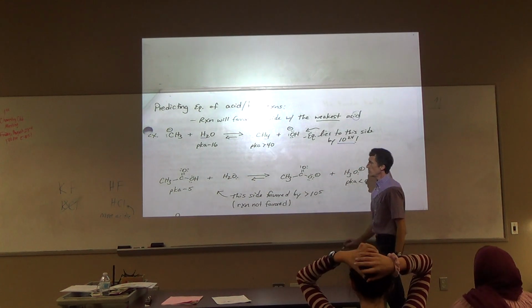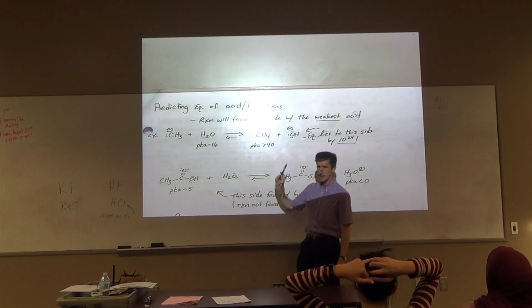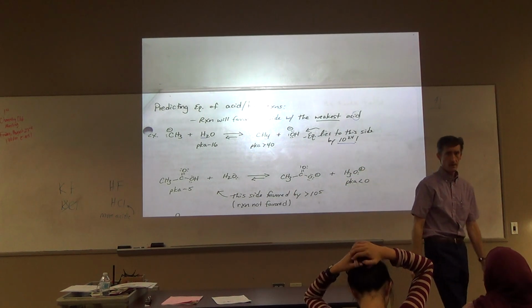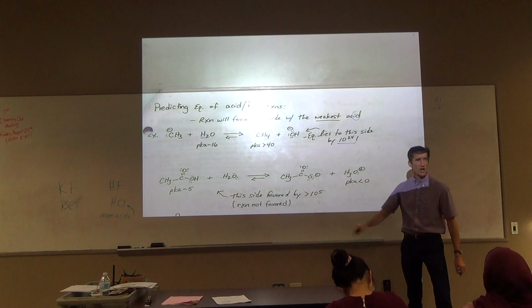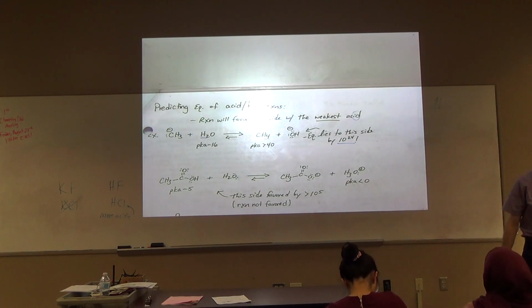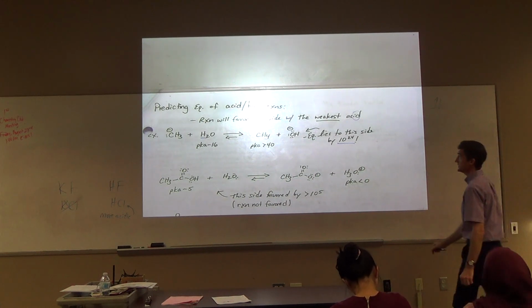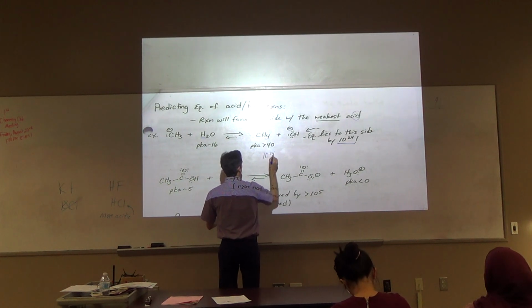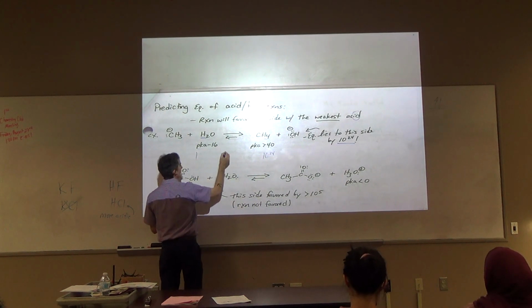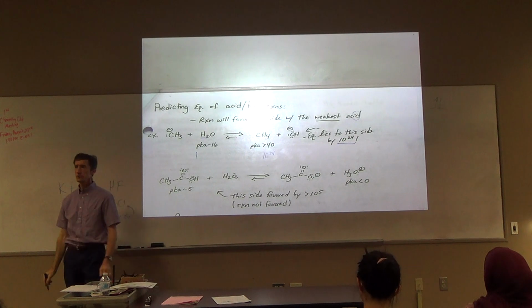By 10 to the 24, which is a difference in your pKa logs here. How much is 10 to the 24? That's like 100 gazillion. 10 to the 9 is a billion. That means at equilibrium you have 10 to the 24 here, and you have 1 here. That's your equilibrium. 1 to 100 gazillion.